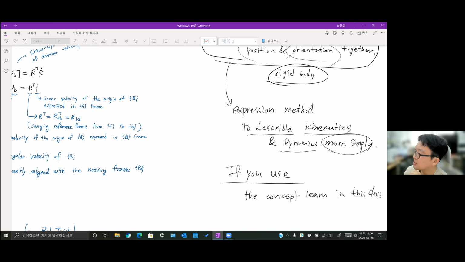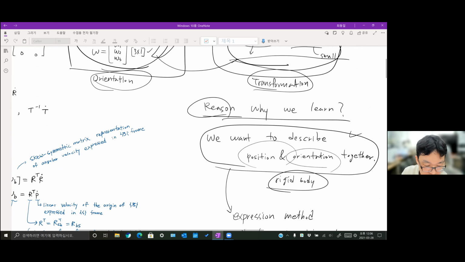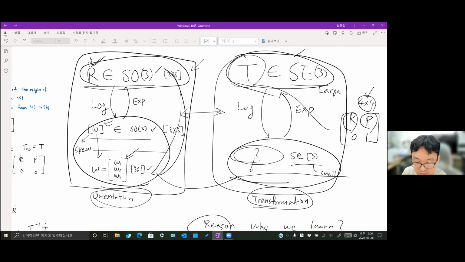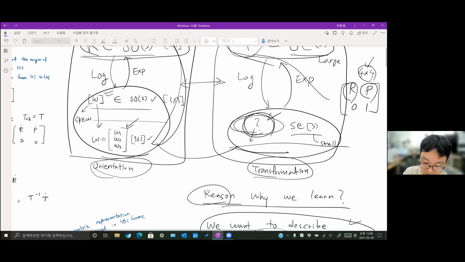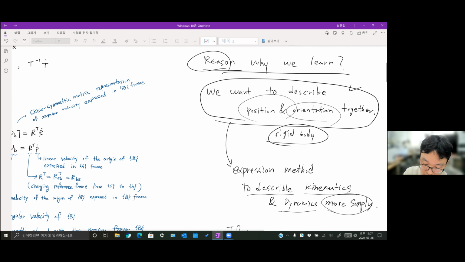So there is the power of this class. In that process, firstly, we should learn about this concept. This one is one of the key ideas to enable this kind of simple expression.